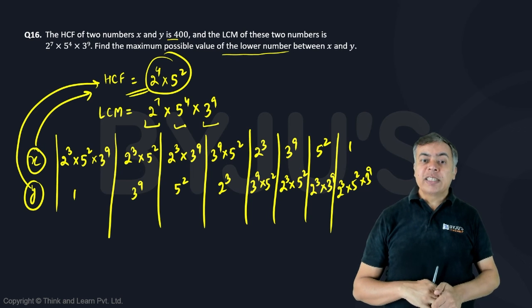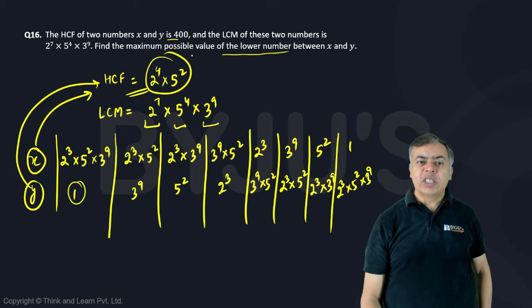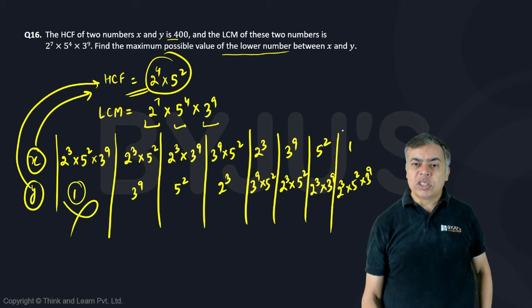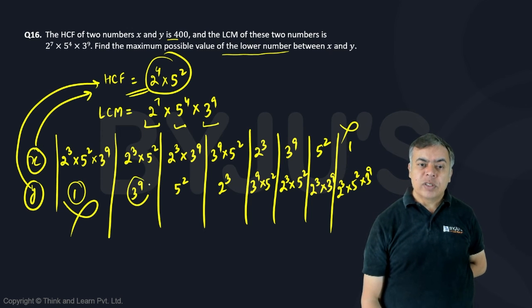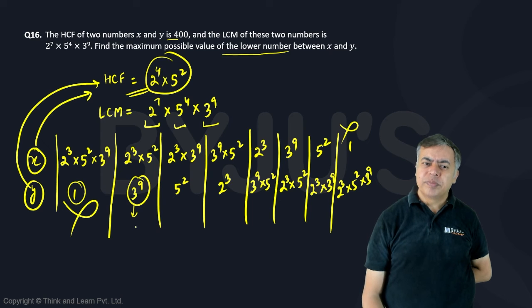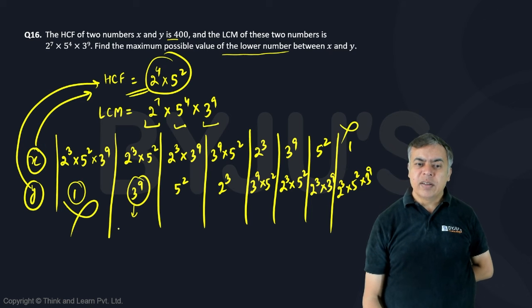Now he is saying the lower value. Here the lower value is y and it is only 1, and I want the maximum possible value of the lower value, so this is not possible. Now here 3 raised to power 9 is the lower value, that means 27 cube. 3 raised to power 6 is 729 and 3 raised to power 3 is 27.